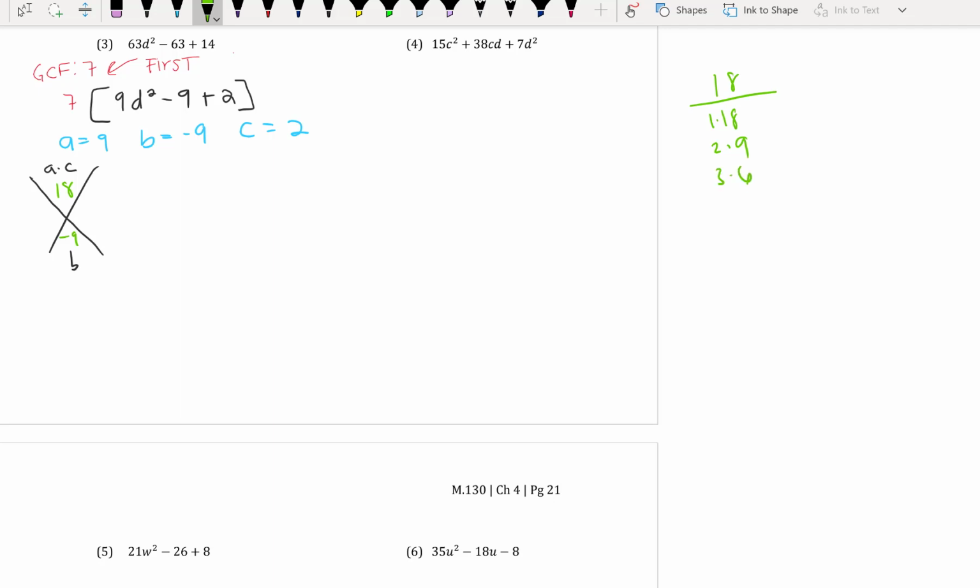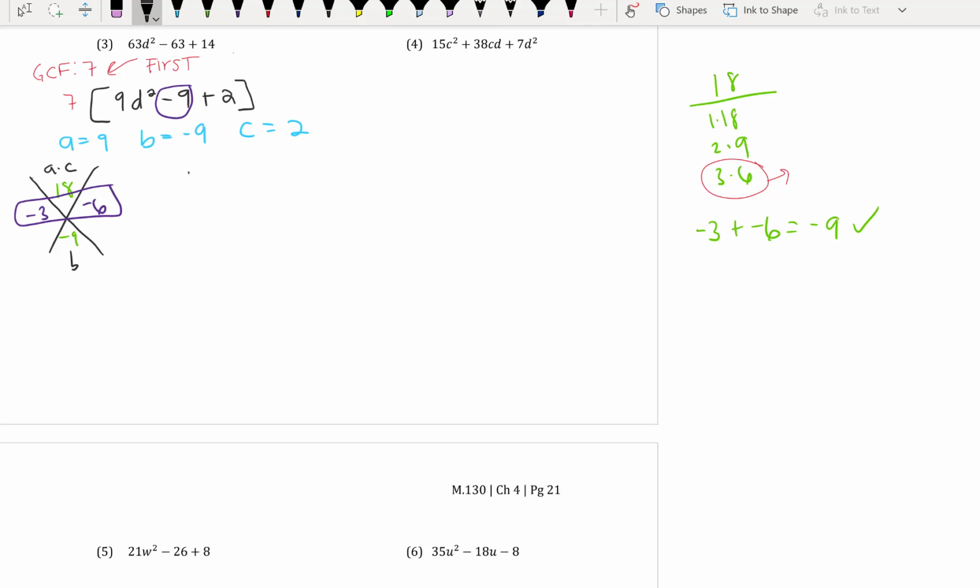And I believe those are going to be all of my multiples. So the only combination that's going to give you a negative 9 would be this one. If I have a negative 3 plus a negative 6, that's equal to a negative 9, which is exactly the B that I want. So I'm going to rewrite this as a negative 3 and a negative 6, which is going to replace that B value.